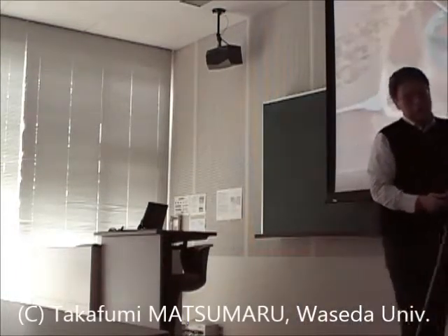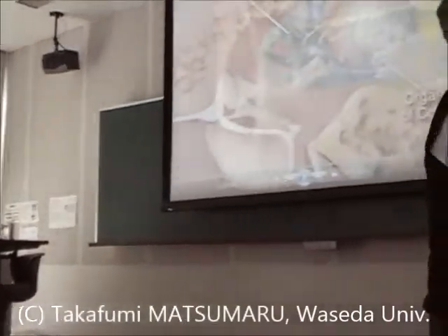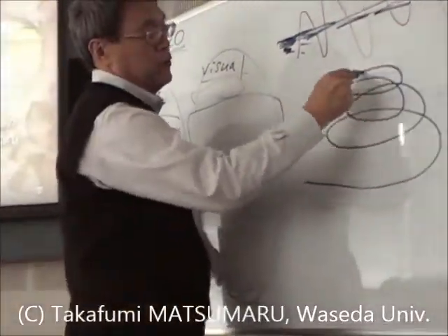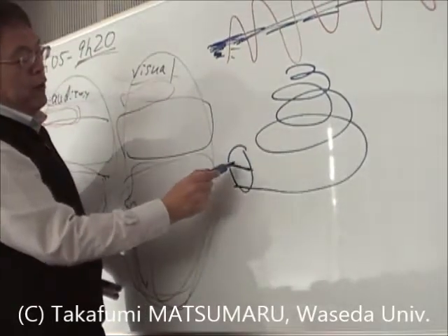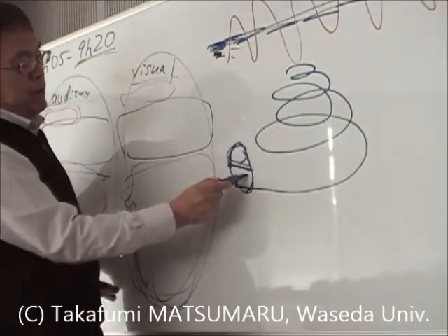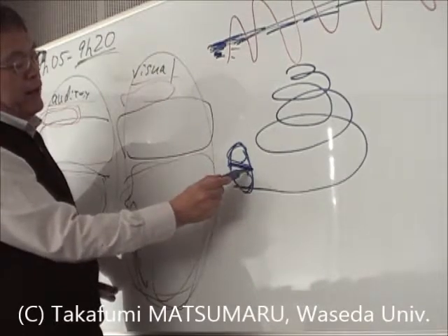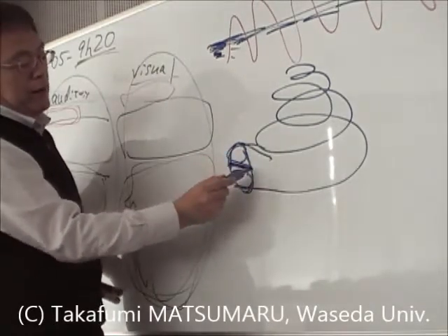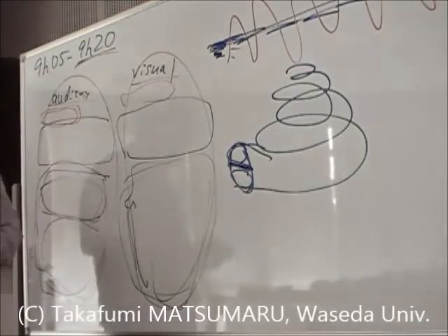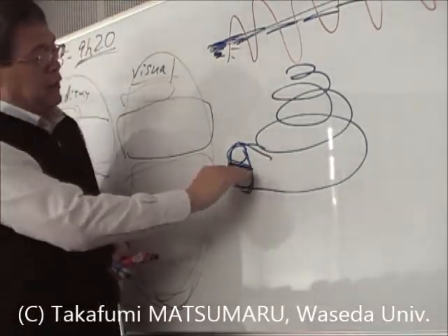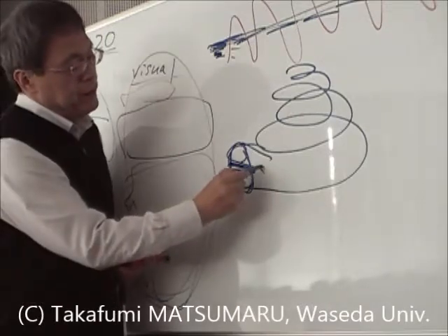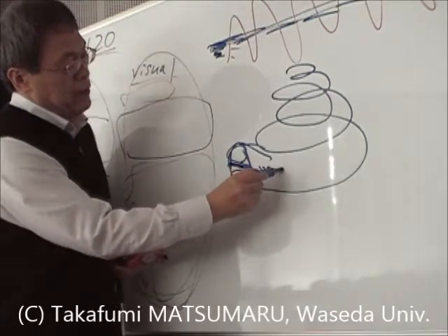The cochlea is summarized as this kind of tube, with one chamber and the other chamber, and this membrane is at the center. On this center there is some kind of nerve cell.